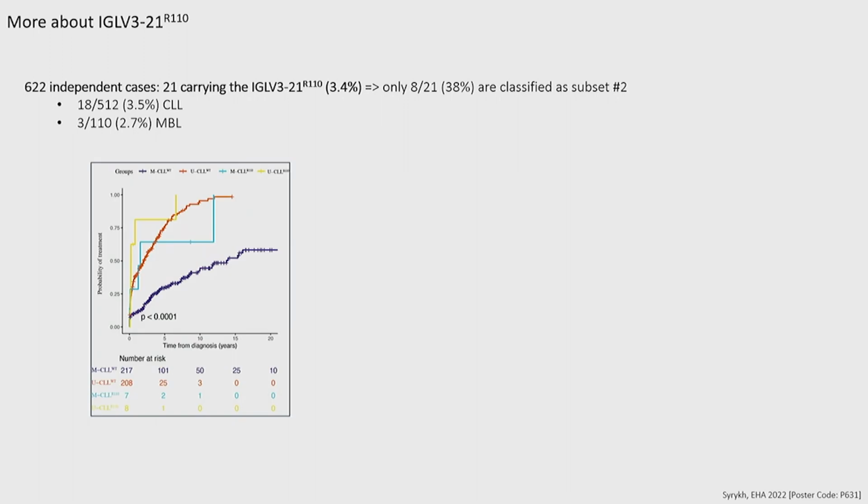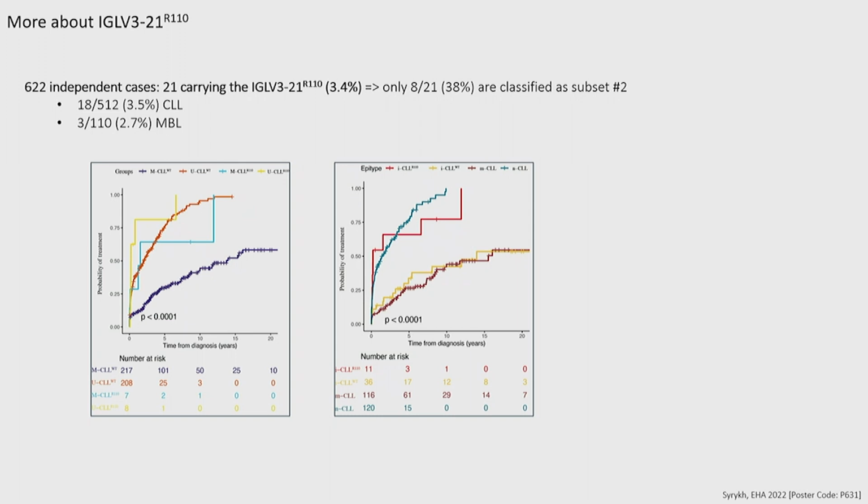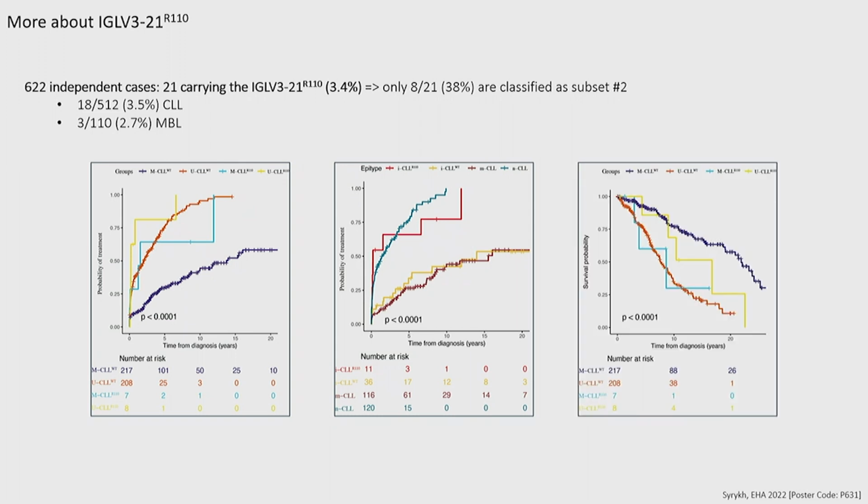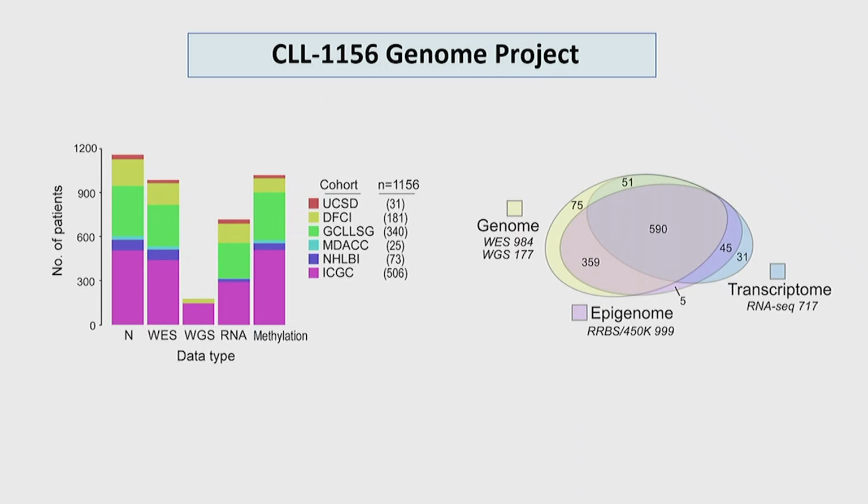Then when we looked at the clinical impact, we confirmed that the cases with the mutation, here in yellow and blue, have a shorter time to first treatment independently of the mutational status of the immunoglobulins, also independent of the intermediate epigenetic state, and also for overall survival. So I think we have confirmed that the detection of this mutation is relevant for clinical practice, and we are starting to have assays that might detect this mutation in the clinical practice.